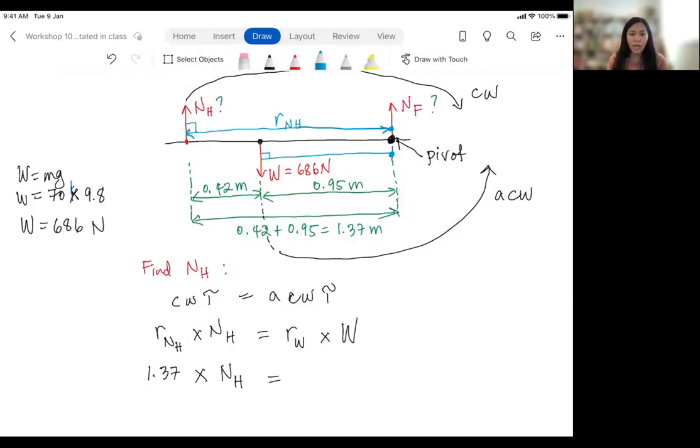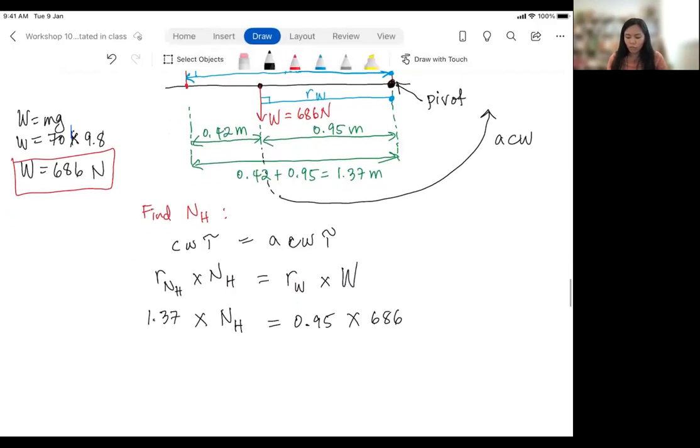Notice you have this perpendicular angle between the weight force and the moment arm for the weight force. And you can see that should be 0.95 meters times the weight force itself, which we calculated earlier to be 686 newtons.